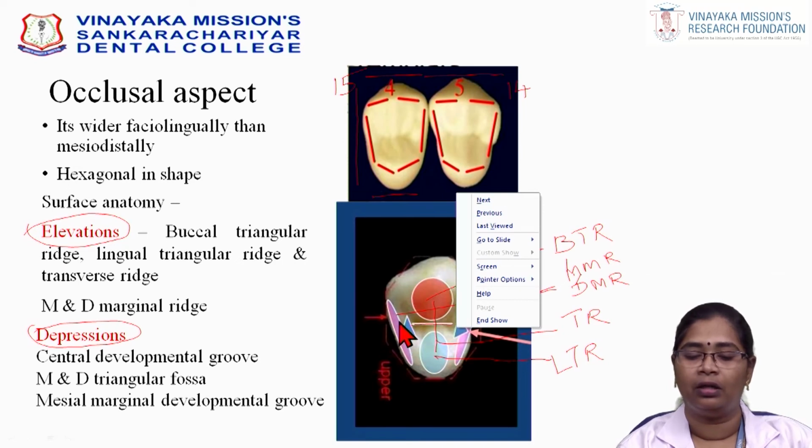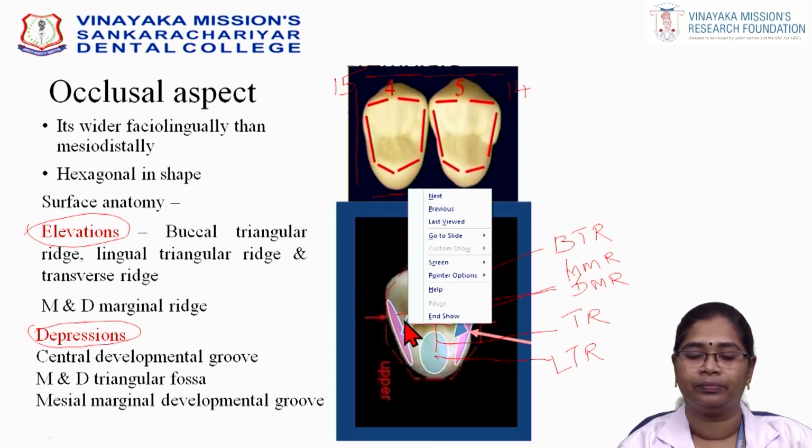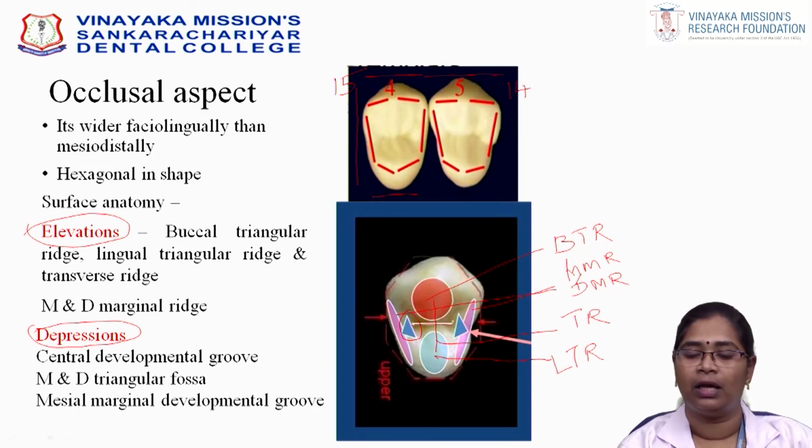The other depressions are the two fossas that are present, the mesial triangular fossa and the distal triangular fossa. So these are the anatomical landmarks that you will be able to appreciate in both the maxillary first and second premolars.